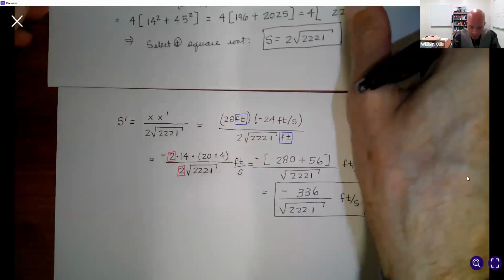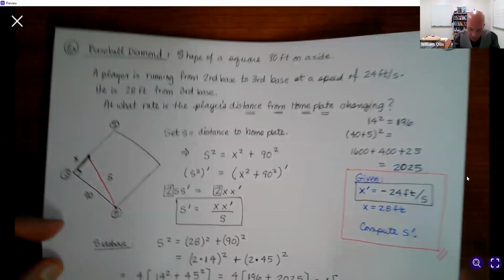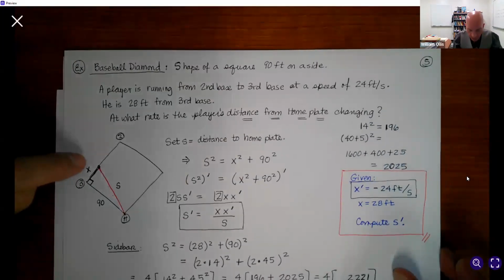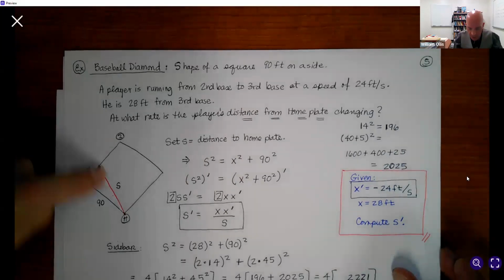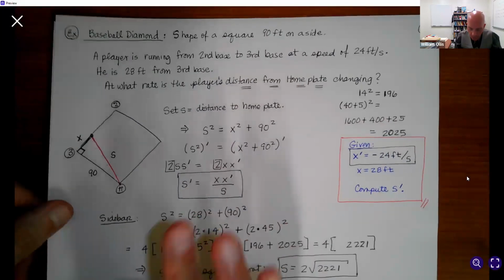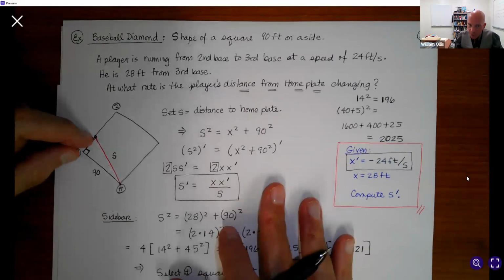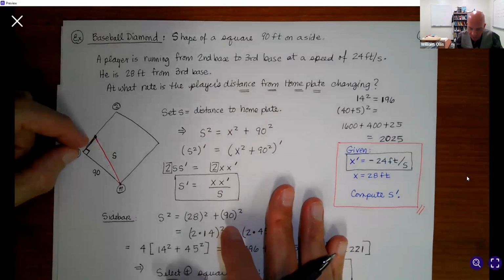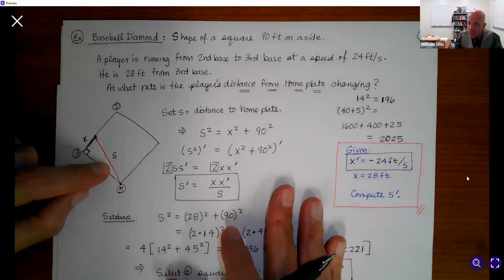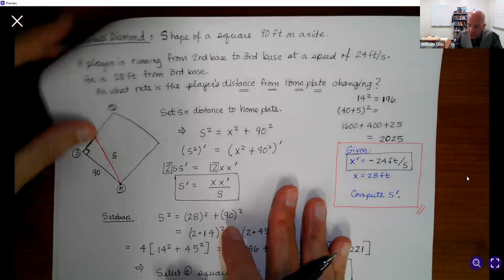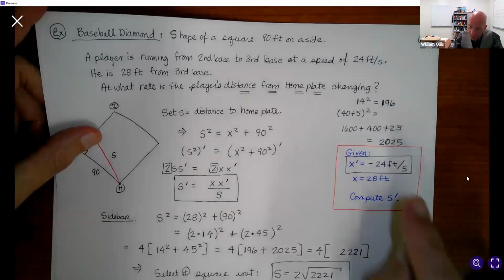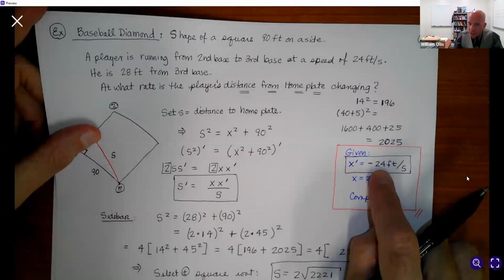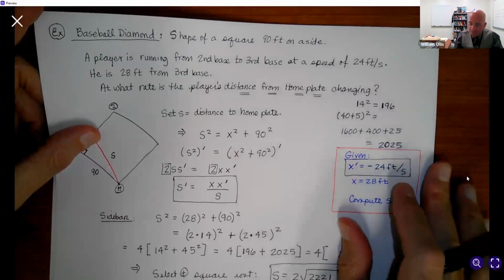and if we go back to the original problem, the distance from the person running the snapshot to home plate is changing at this rate. And of course, that distance is getting smaller because as the player proceeds to third base, this distance is getting smaller, clearly. And so if we don't have the correct sign here, then the problem is off.